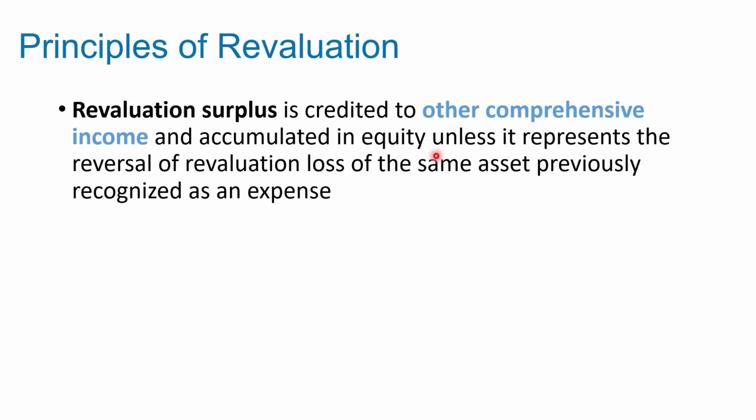If you had gone through IAS 1, the format, this would have been meaningful to you, but you didn't go through IAS 1 from what you tell me. So we'll look at that later. But what you should know is that there is other comprehensive income on the statement of comprehensive income or on the income statement of a company. Whenever there is revaluation surplus or revaluation reserve, you take it there. In the income statement, you take it to other comprehensive income.